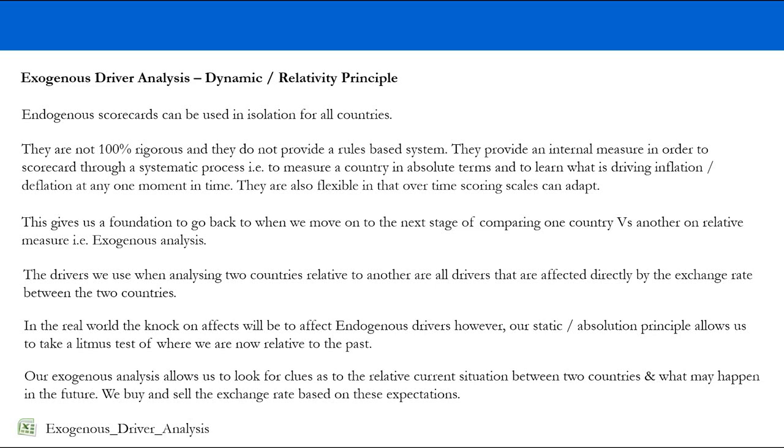However, our static absolution principle allows us to basically take a litmus test of where we are now relative to the past. Our exogenous analysis allows us to look for the clues as to the relative current situation between two countries and what might happen in the future. And we're buying and selling the exchange rate based on these expectations.